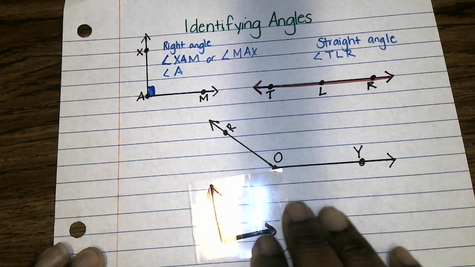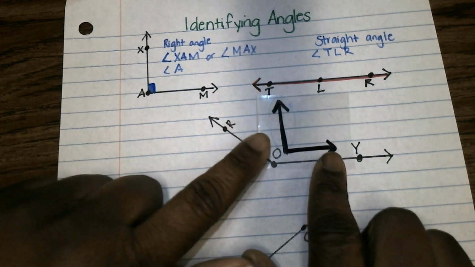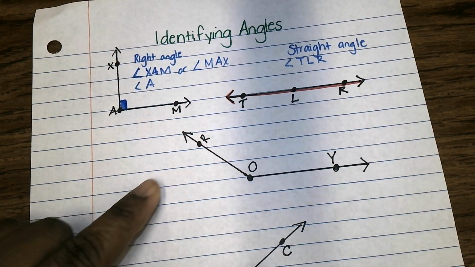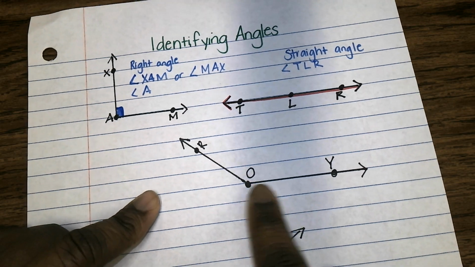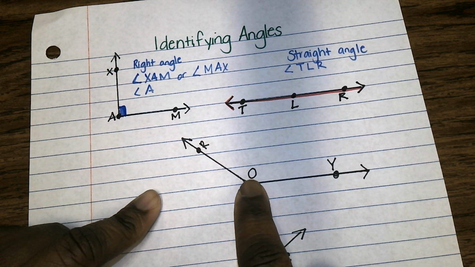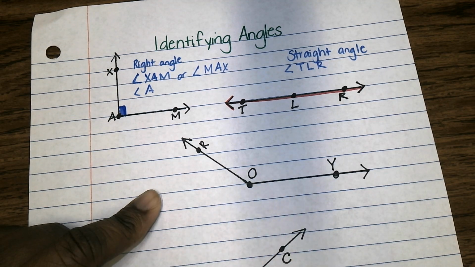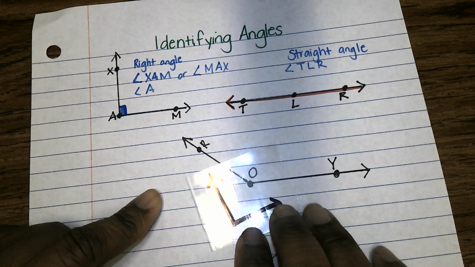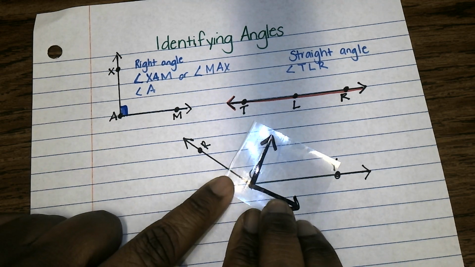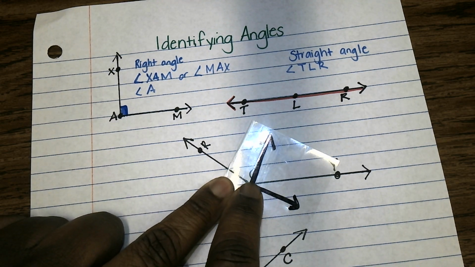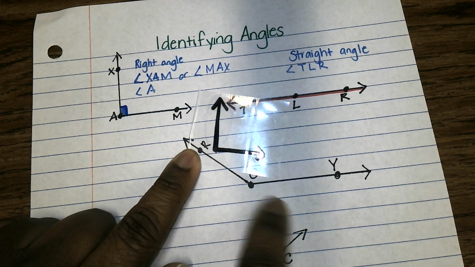Okay, again, using our right angle reference tool just to be able to identify an angle, what we want to do is put it on the base of the angle. Okay, let me show you what happens if I don't turn it the correct way. So if I just put it on the corner there, then the base of my right angle extends somewhere where there's nothing there right now.